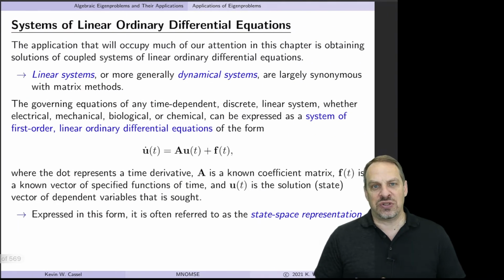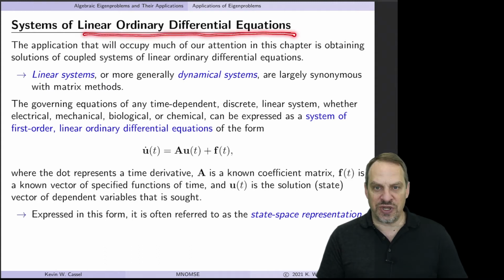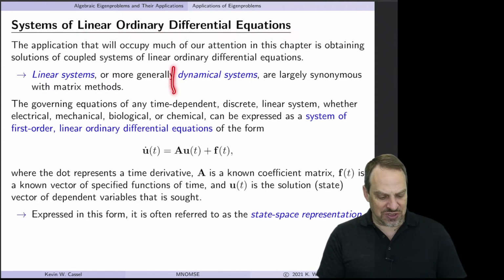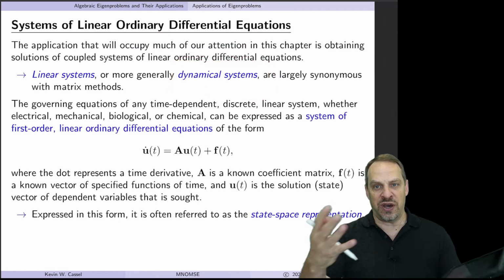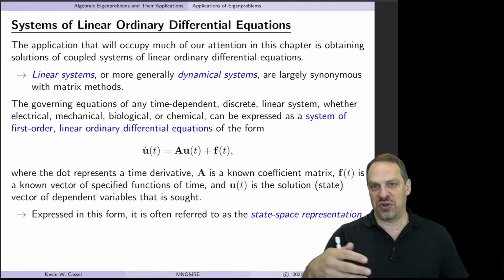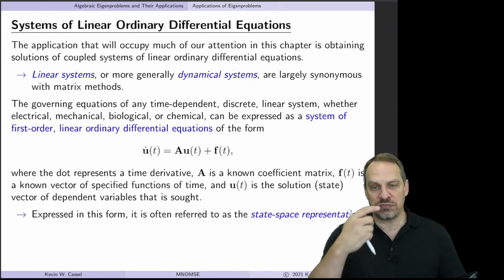Another application that's going to occupy a lot of our time in Chapter 2, because it's so important to us as scientists and engineers, is that of solving systems of linear ordinary differential equations. So these are basically dynamical systems. A dynamical system is just any system that evolves in time. It could be a mechanical system, chemical system, biological system, electrical system that evolves in time.